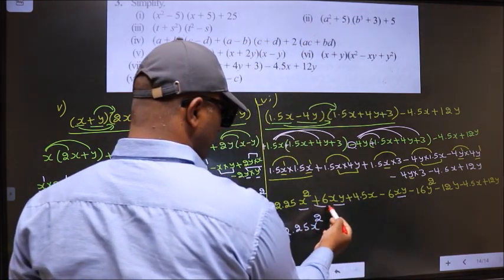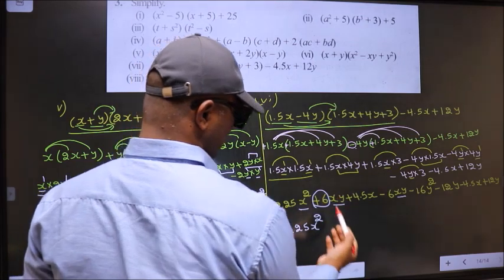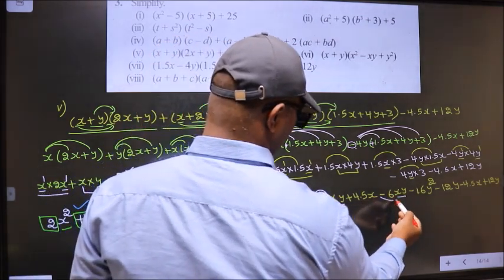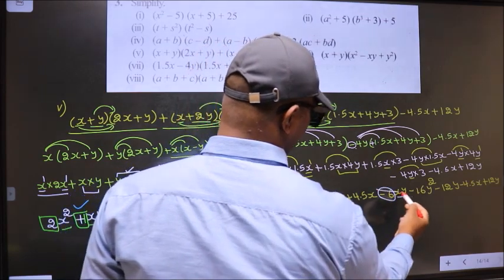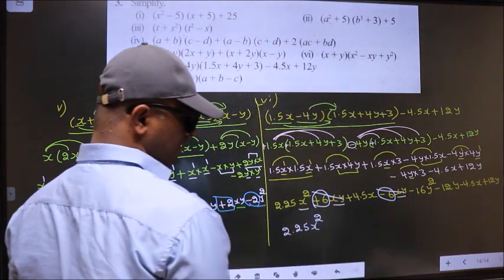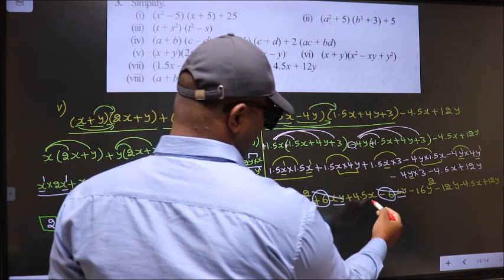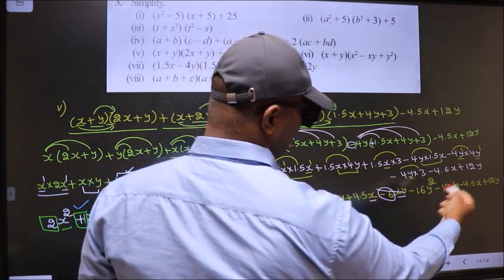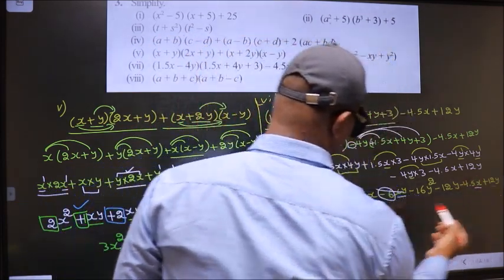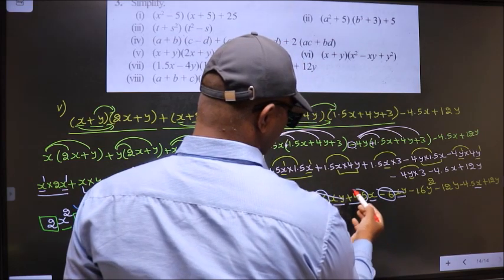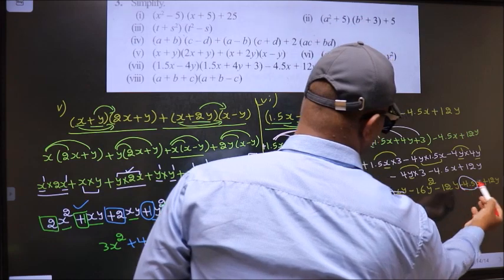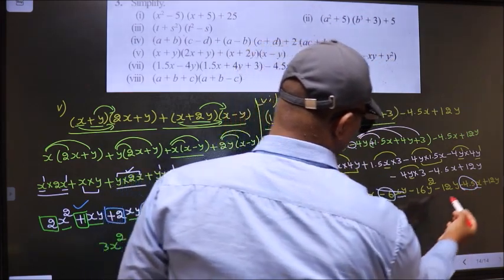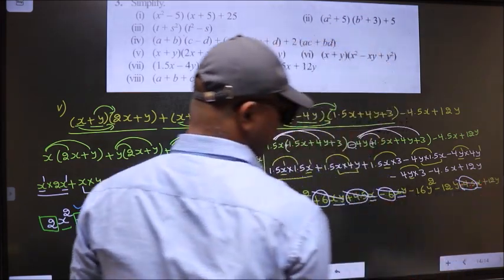Now before xy here you have plus 6 and here you have minus 6. So plus 6xy minus 6xy cancel out. Next, x term. Do we have anywhere x? Yeah, here. Now before x we have plus 4.5 and before x minus 4.5. So plus 4.5x minus 4.5x cancel out.